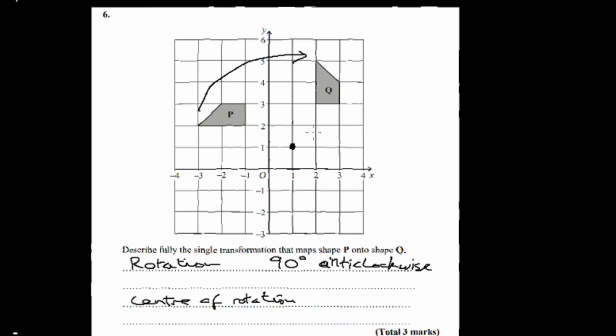So I know it's here because if I look at these points here, I can see that they're both equal distance to this point, and I can see that if I rotated this exactly 90, that would have worked out. Okay, so in this case the centre of rotation is just here, and it's 1, 1.